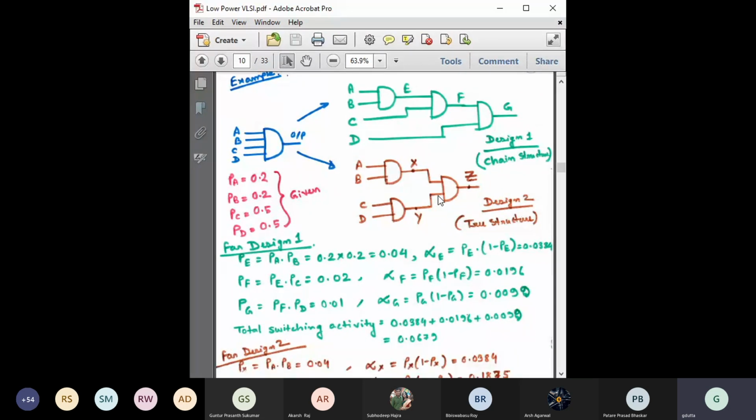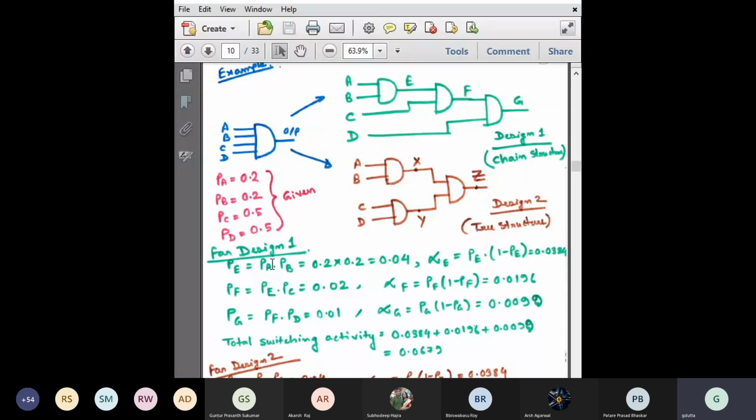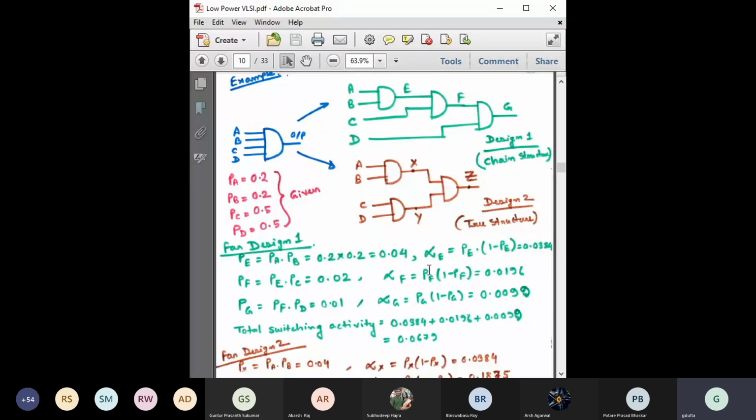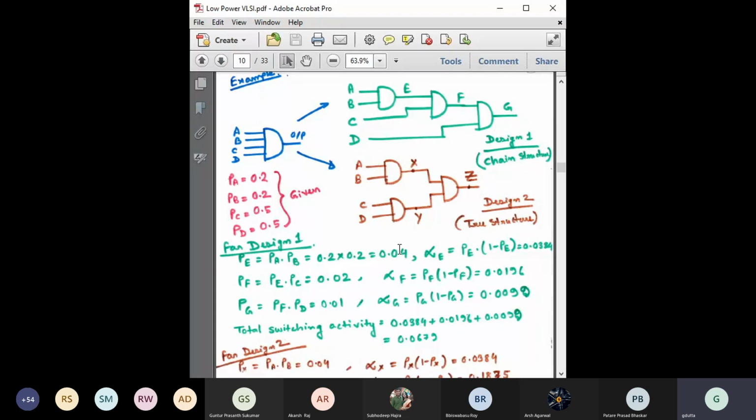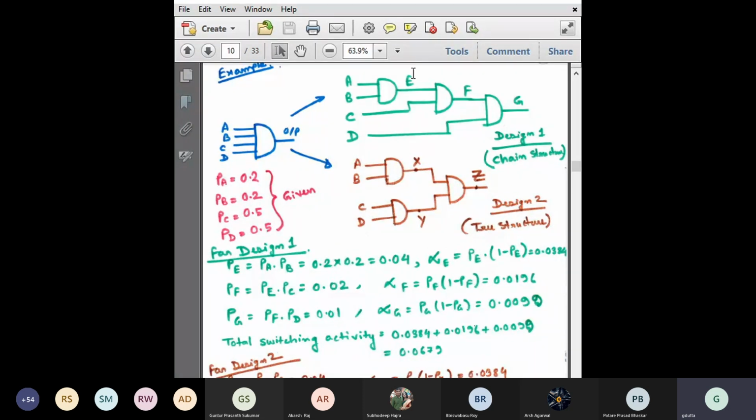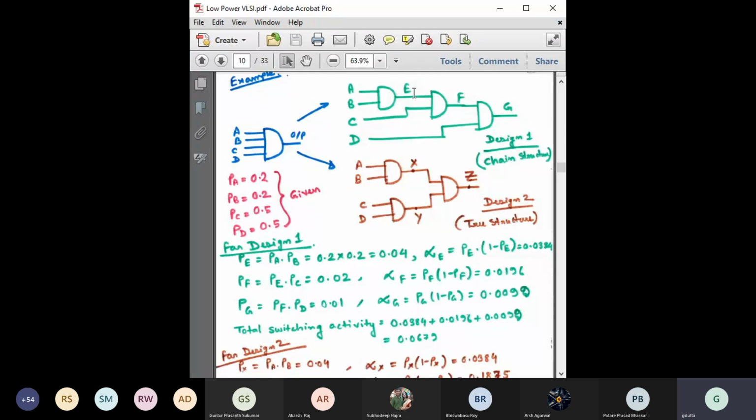See, for design 1, what is PE? PE is the probability of the output being equal to 1. It will be PA times PB, so these values are given, multiplied. Then what is alpha E? Because you also have to calculate the switching factor at this node E. So alpha E would be equal to PE into 1 minus PE, which we have already discussed.